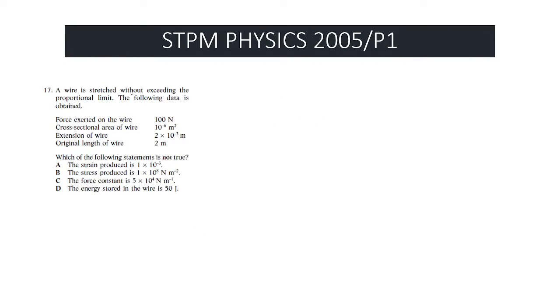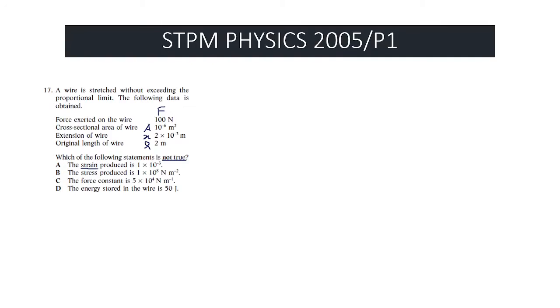A wire is stretched without exceeding the proportional limit. The following data is obtained. So we have first the force, and we have a cross-sectional area. We have extension x, and we have the original length of the wire. Which of the following statements is not true? You want to find out the not true one.